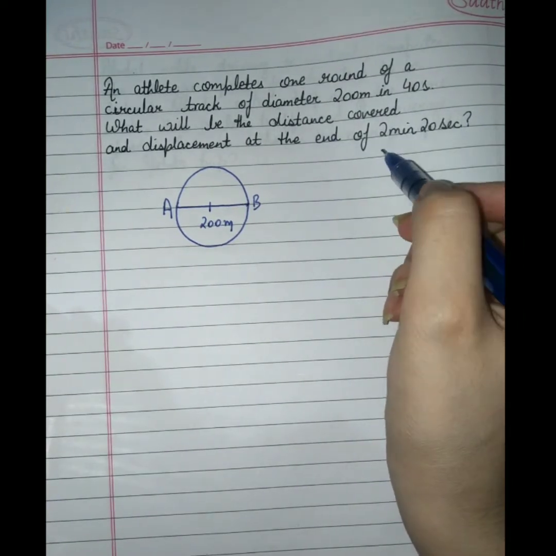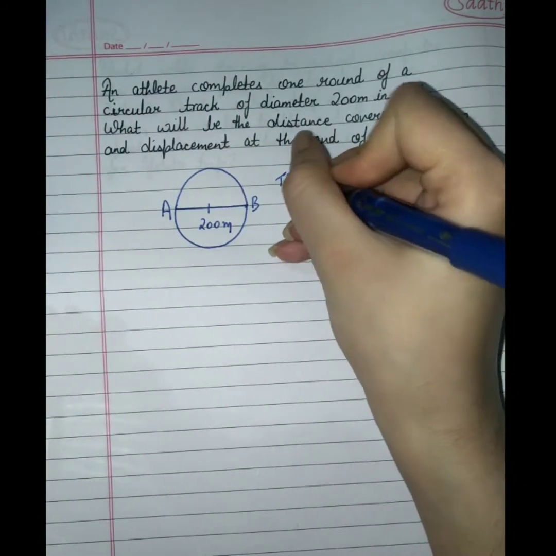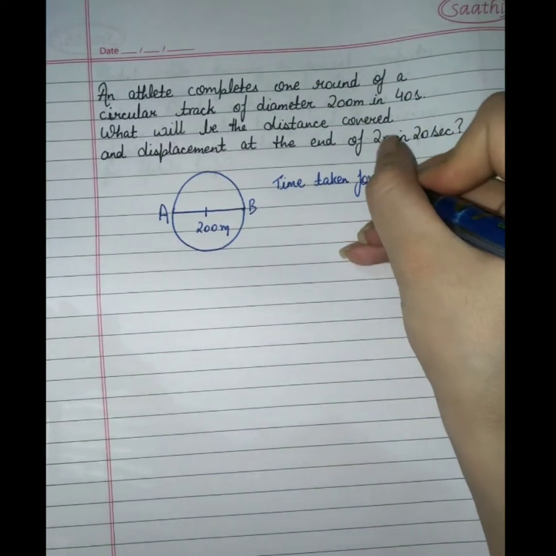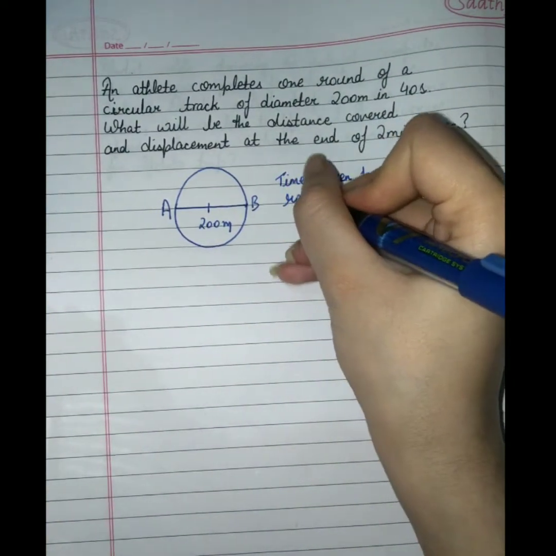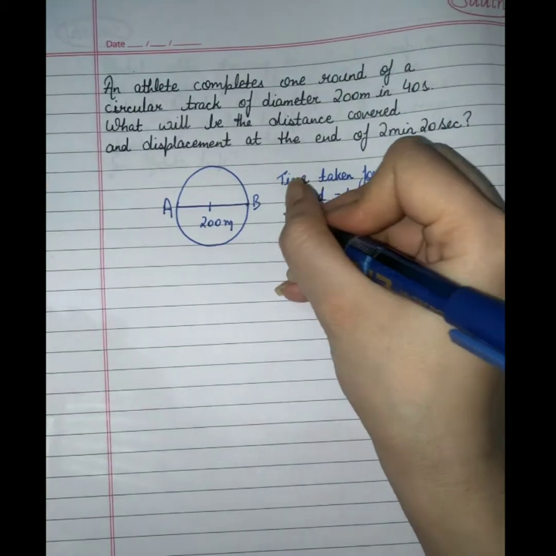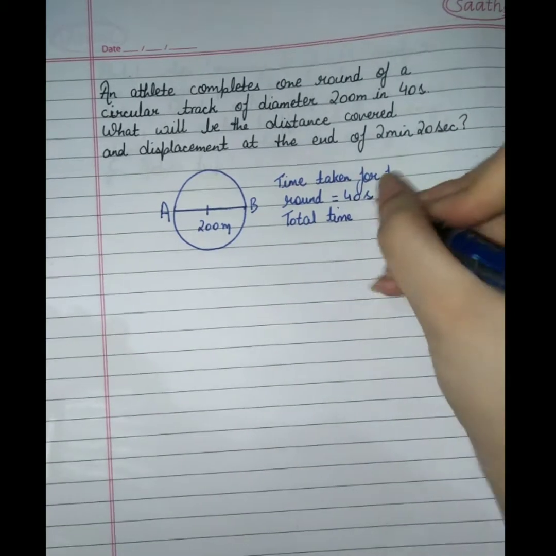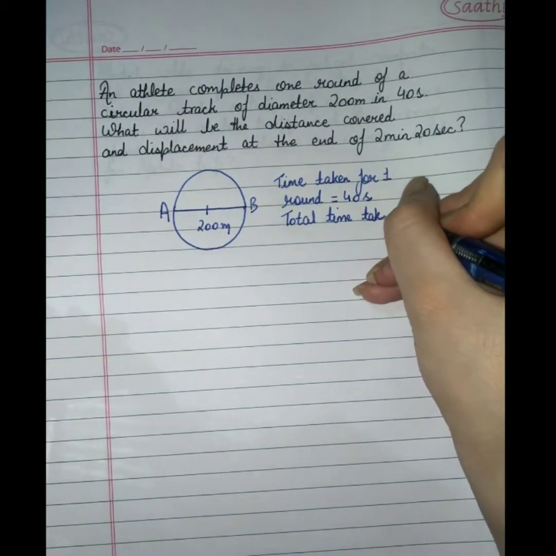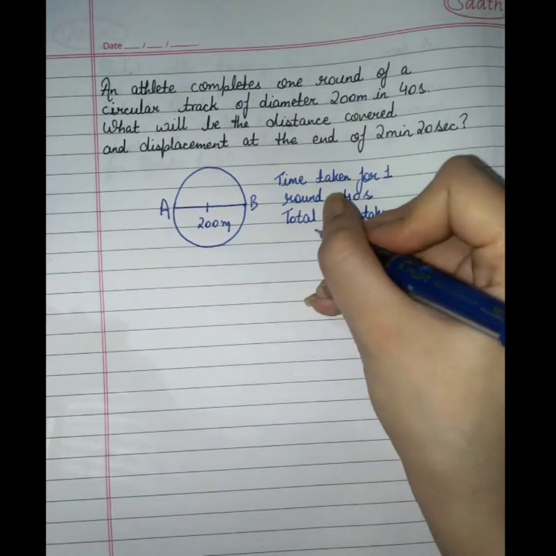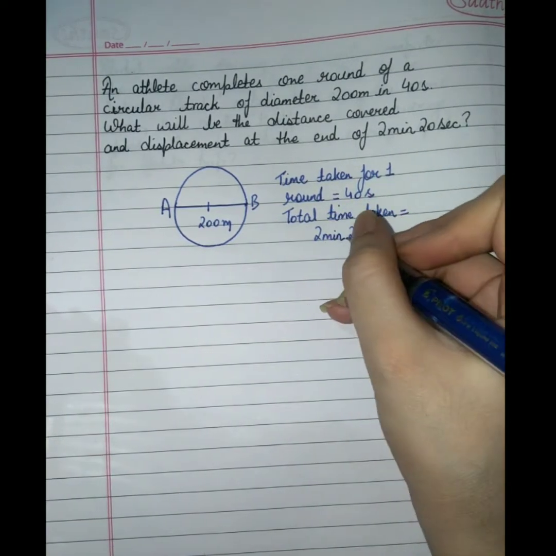So students, what are they saying? What will be the distance and displacement at the end of 2 minutes 20 seconds? First of all, what is the time taken for one round? It is 40 seconds. Time taken for one round is equal to 40 seconds. Now we need to calculate the total time taken. 2 minutes 20 seconds, and we know how much it is.